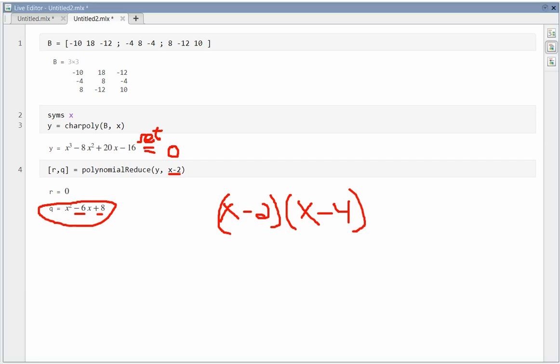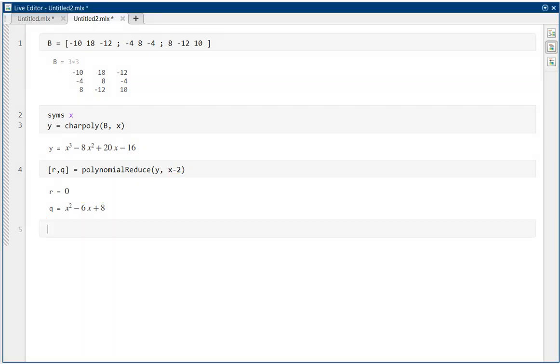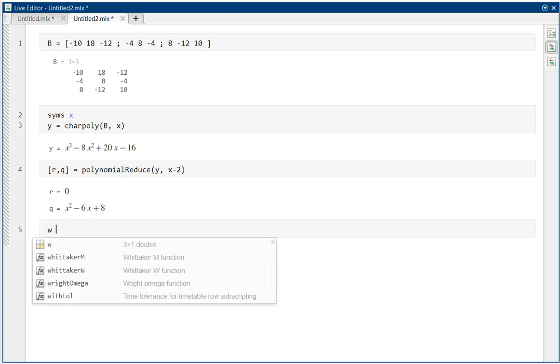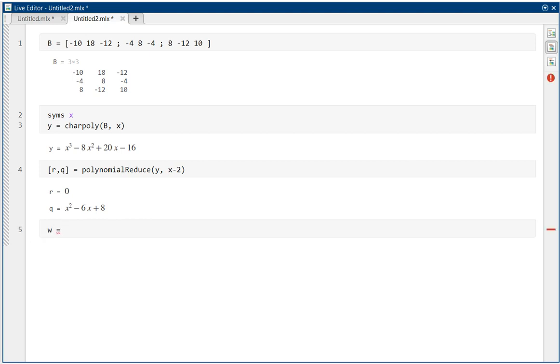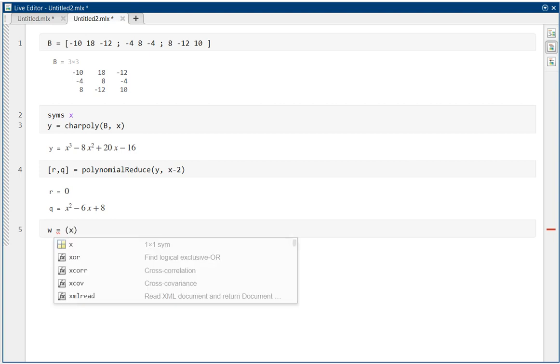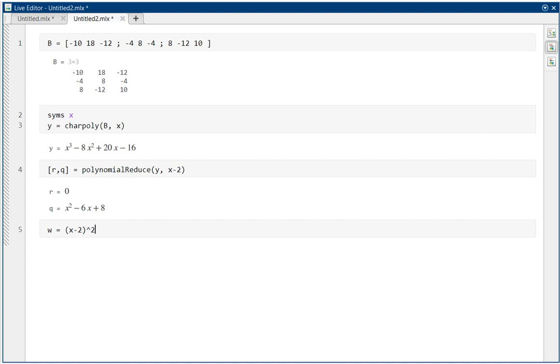Now, of course, anytime you do algebra and you're factoring, you want to double check it with expanding. So let me create another polynomial. I'm going to have this be x minus 2 quantity squared times x minus 4.